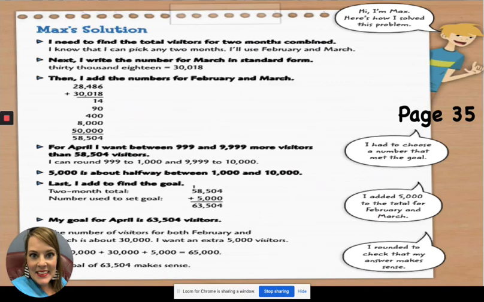58,504 visitors. So he's thinking to himself, I can round 999 to 1,000, and 9,999 to 10,000. So 5,000 is about halfway between 1,000 and 10,000. Why do you think he chose 5,000? Like, why do you think he chose that number in his solution? Think about that for a moment.